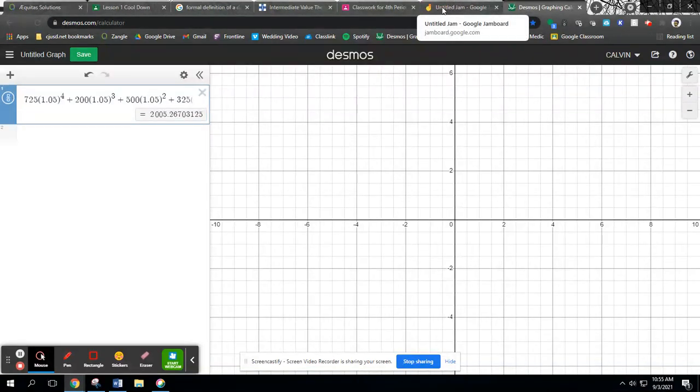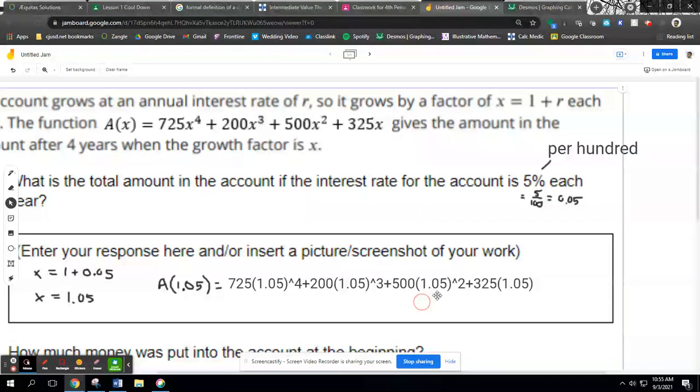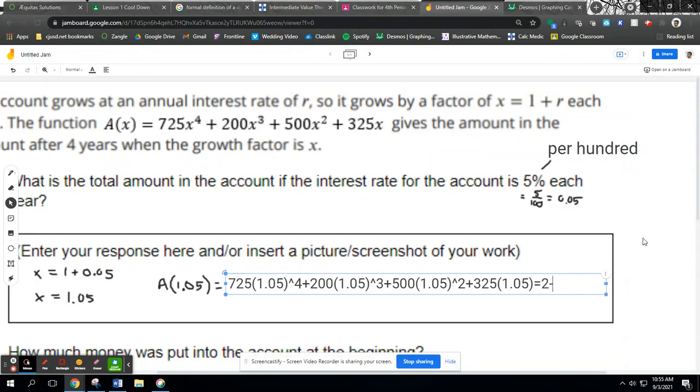We'll put 2005.3, rounding to the tenths. And this is how much money would be in the account if the interest rate was 5% over 4 years.